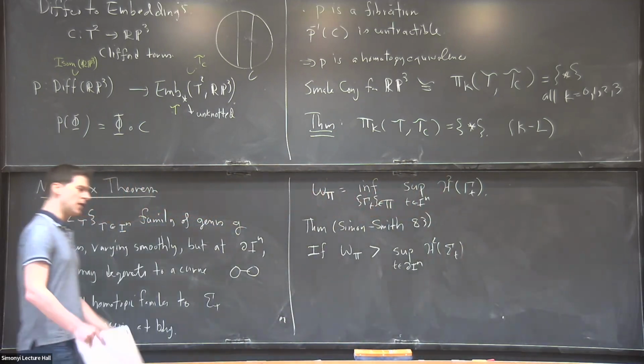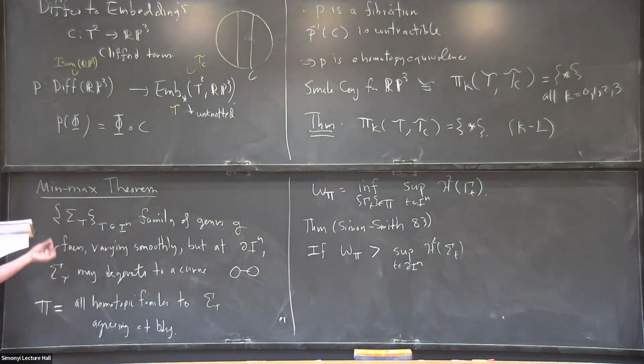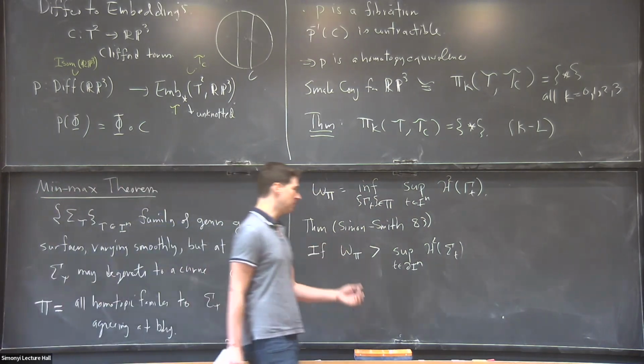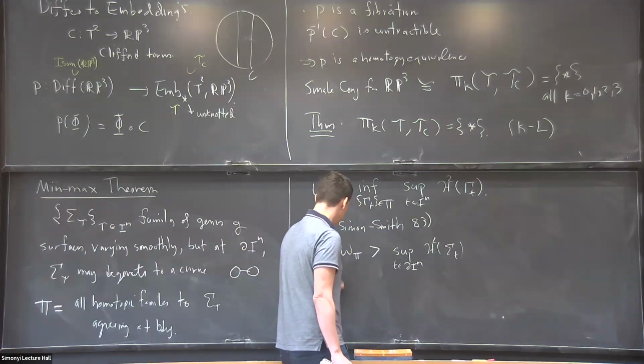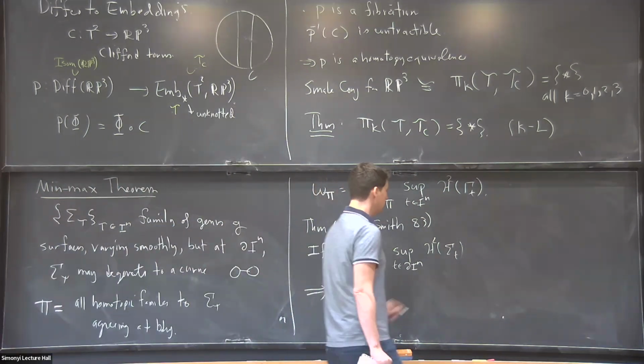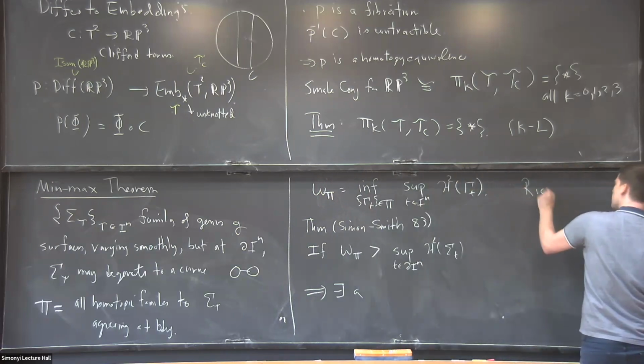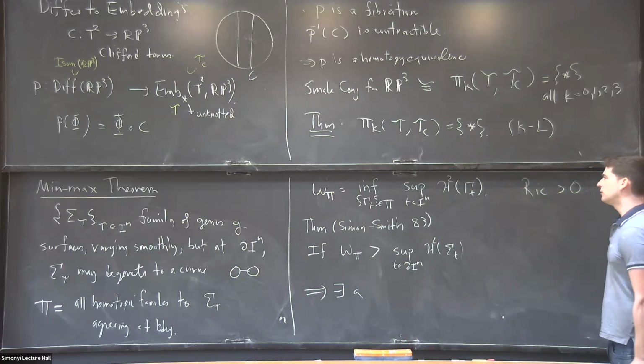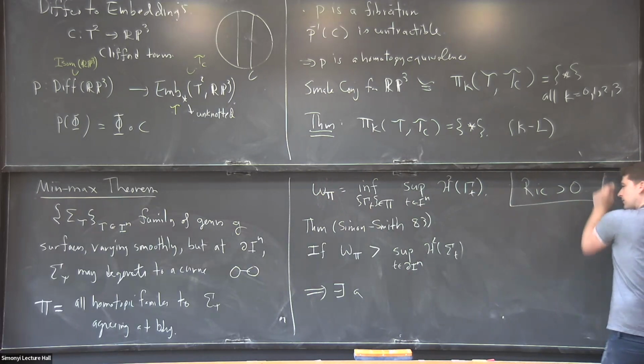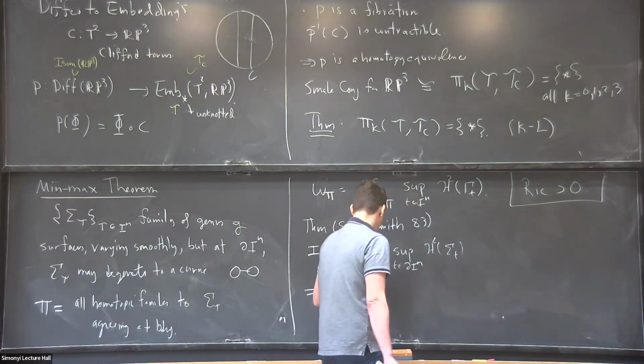This is like saying if I have a function which is 0 at one point, 0 at another, and I know that in the interior it's bigger than 0, then there has to be a critical point. Okay, so then there exists a... why don't we make the assumption that the manifold has positive Ricci curvature just to simplify things? Then there exists an embedded minimal surface.